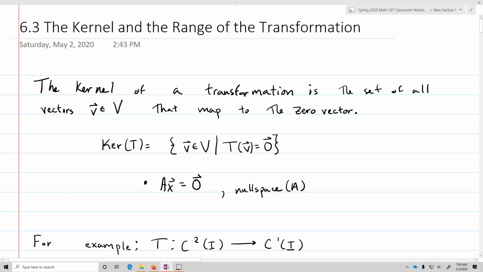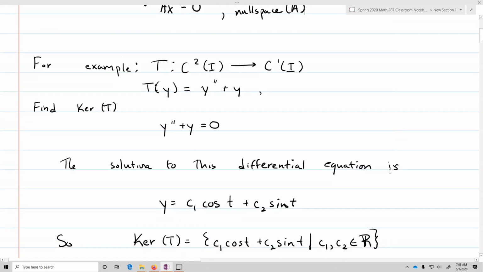Well, it really does. If T gets represented by a matrix for the transformation, then Ax equals 0 and the null space of A are the same thing as the kernel of T. And in fact, they really pretty much are, and for our purposes for this class, they're going to be pretty much the same thing. Let's take a look at an example of how this might actually work.